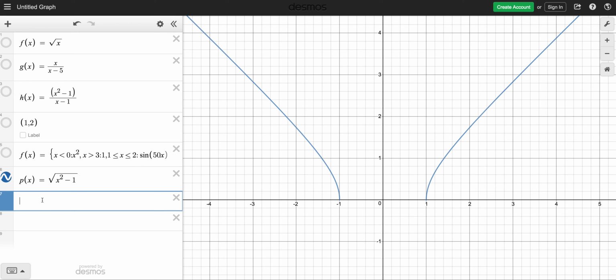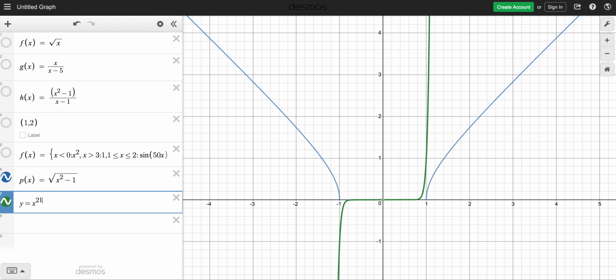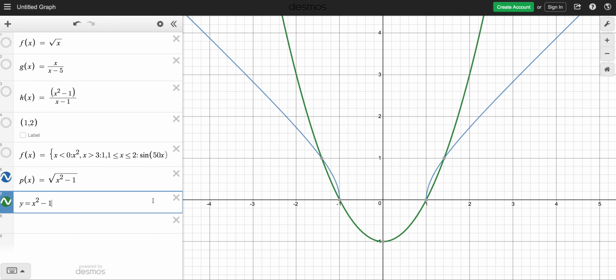So, what if I were to graph this function y equals x squared minus 1? Well, if I plug in something like 2 and I do x squared minus 1, I'm going to be up here with the number 3. If I do 1 squared minus 1, I'm going to be down here at a y value of 0.